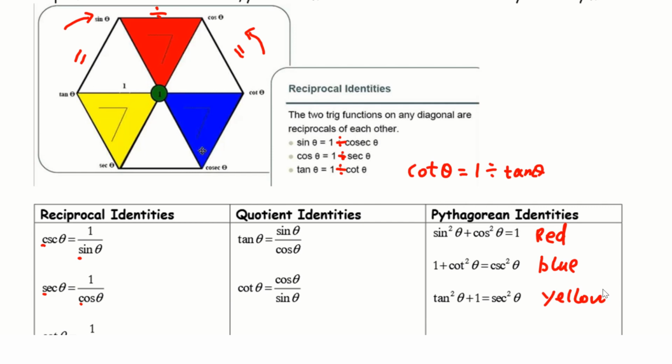And how to remember this hexagon is you start from this one, tangent equals sine over cosine. So you have these 3 terms, then all others are just reciprocals. Tangent's reciprocal is cotangent, sine's is cosecant, cosine's is secant, then put 1 at the middle.